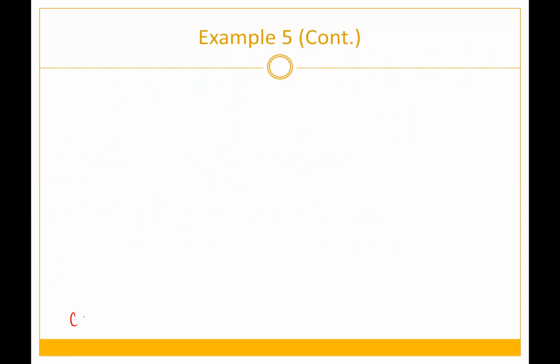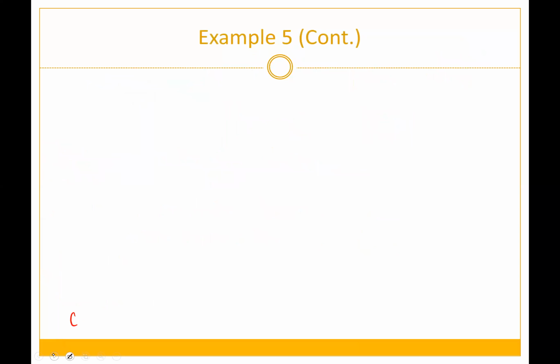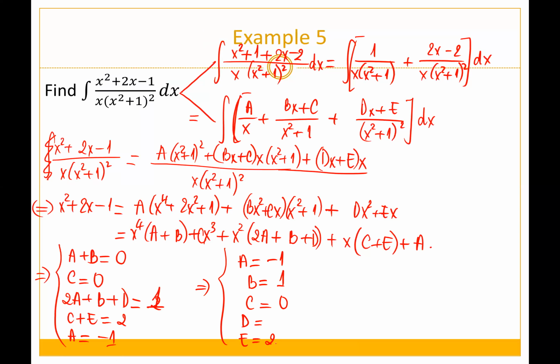Then you have c plus e is equal to 2. And a is equal to negative 1. Having said that, a is equal to negative 1, b is equal to 1, c is equal to 0. And then when you continue to solve for d and e, what you end up having is that e is equal to 2 and d is equal to 2.